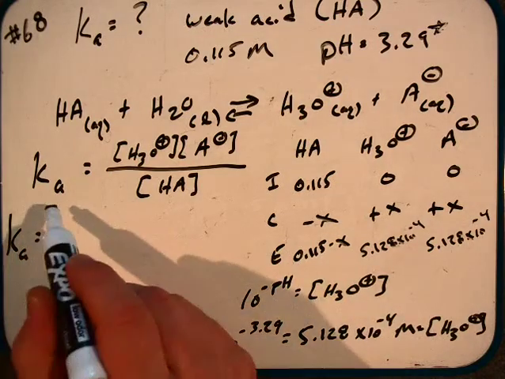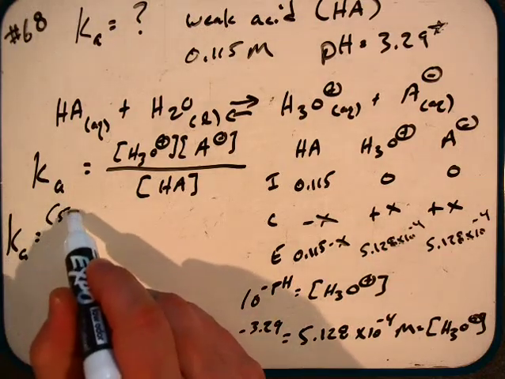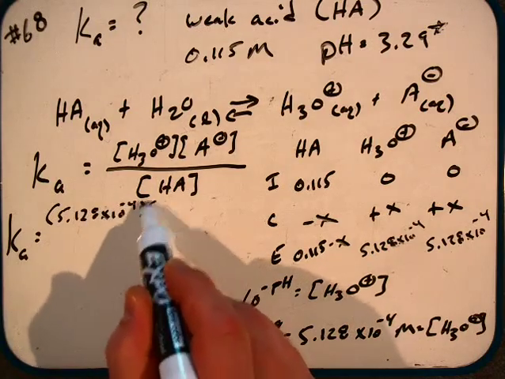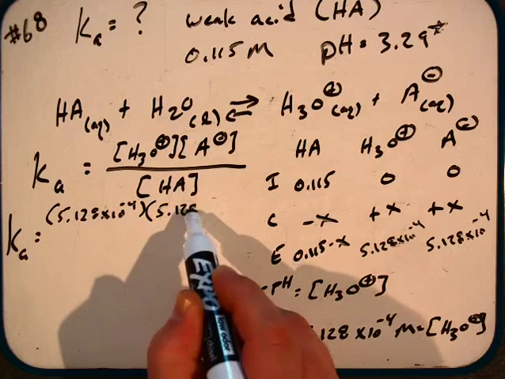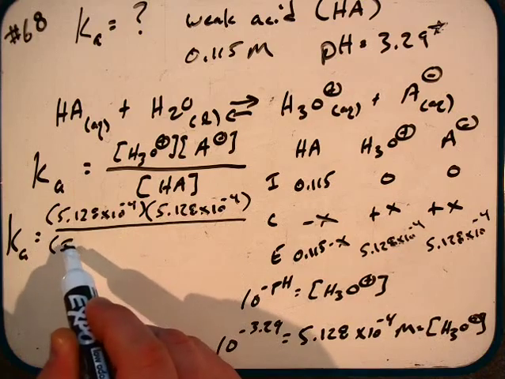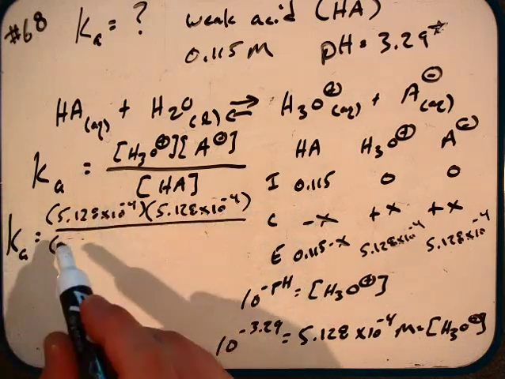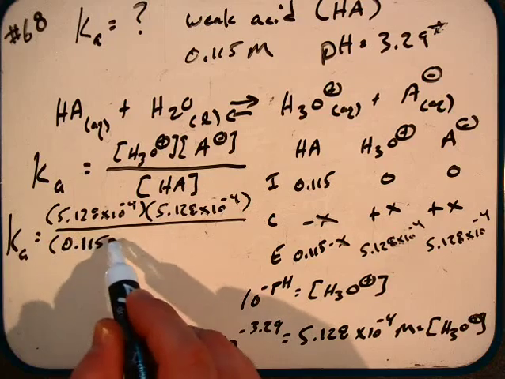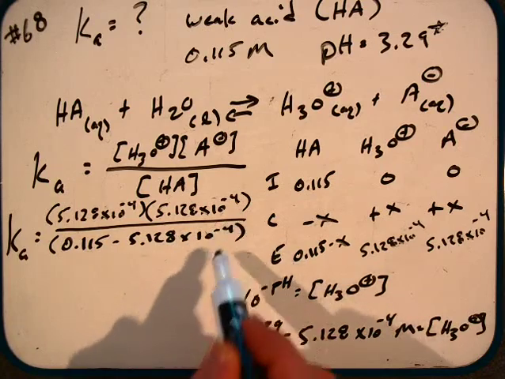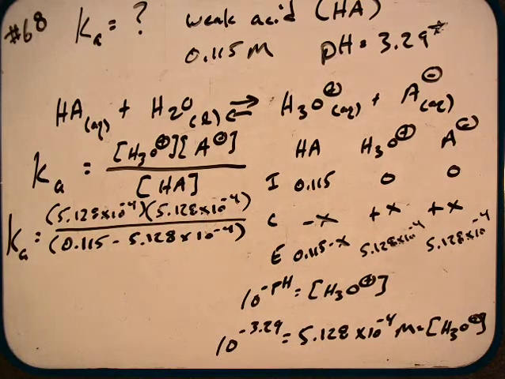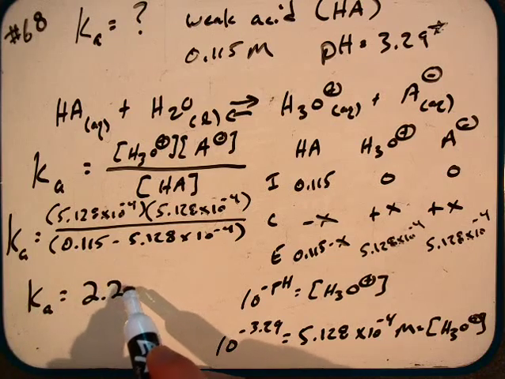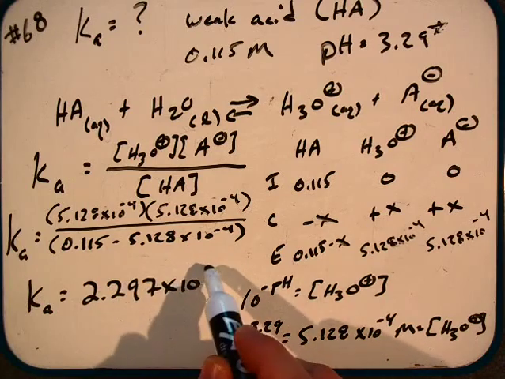Our Ka would be equal to 5.128 times 10 to the negative fourth for both our products, and then you'd have 0.115 minus 5.128 times 10 to the negative fourth for your HA. And when you solve for that, you get a Ka equal to 2.297 times 10 to the negative 6.